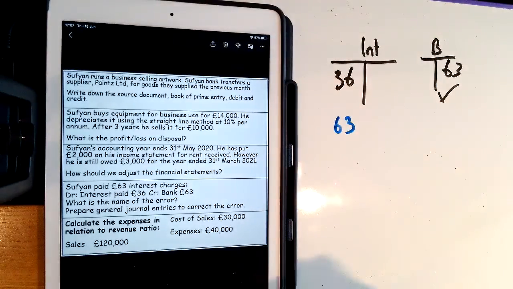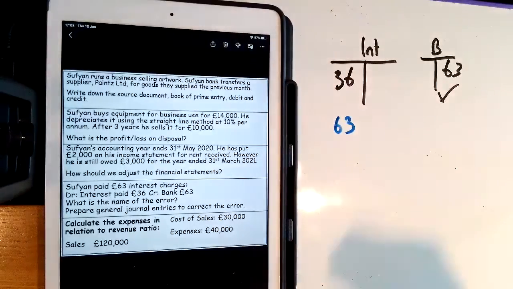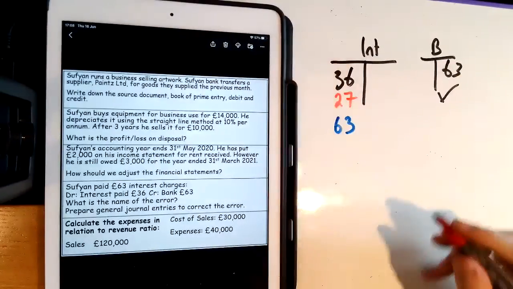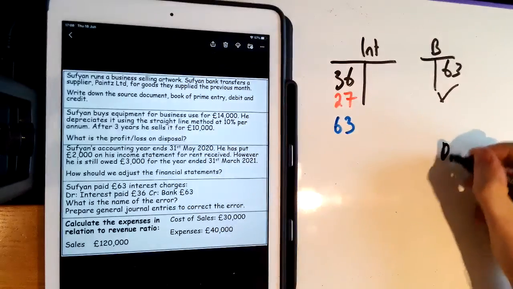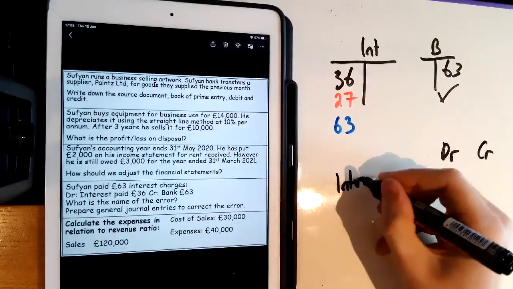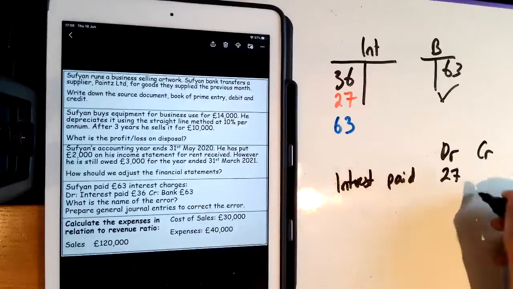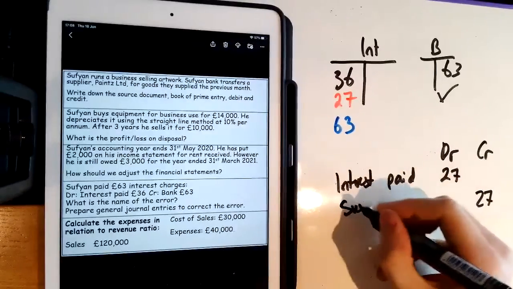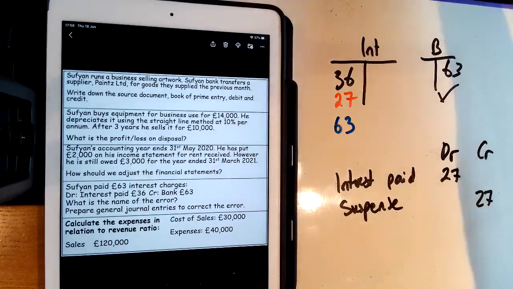So to fix it, I put some more money on this side to get from 36 to 63. That's £27. So my general journal would be, well, I'm going to debit interest paid 27, and the other 27 should go to the suspense account. And that's an error of transposition, the numbers being transposed, or we could put an equal post in.